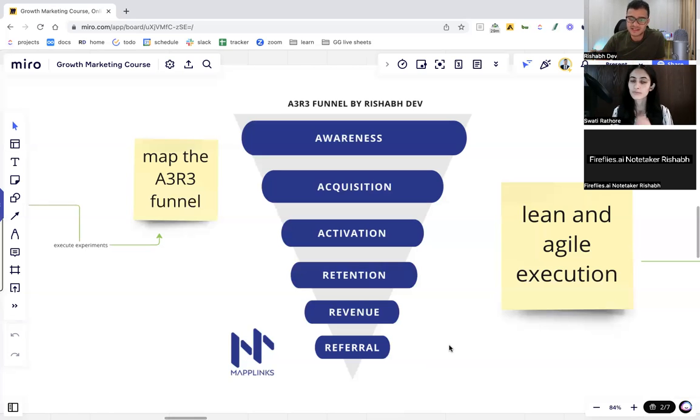Okay. Right. Here's another one. Let's say you have a SaaS app. People come to your app and you offer them a 10-day free trial to try out the app. What stage does that fall into? Is it activation? Yes, that's right.